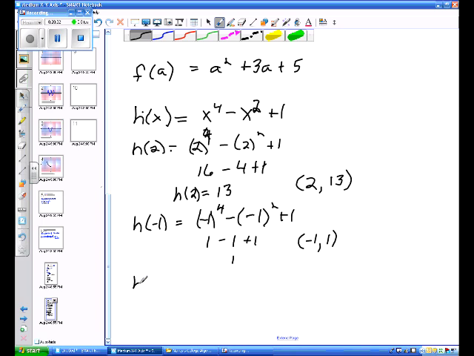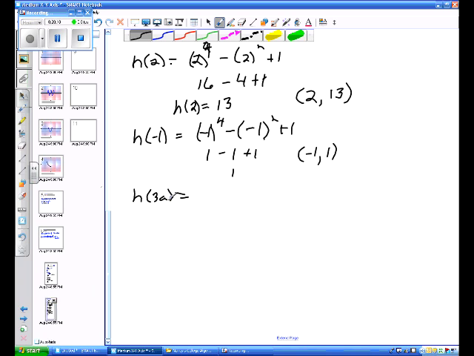Let's look at one last one using this function. We want to find h of 3a. So we take our function, wherever there's an x, we substitute in 3a.